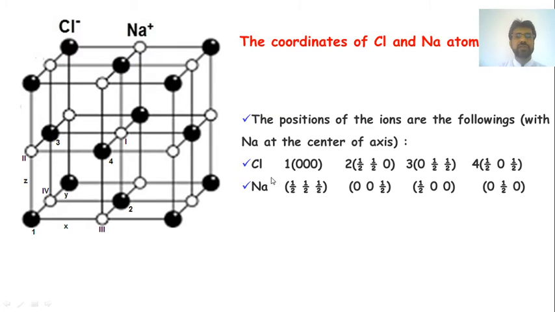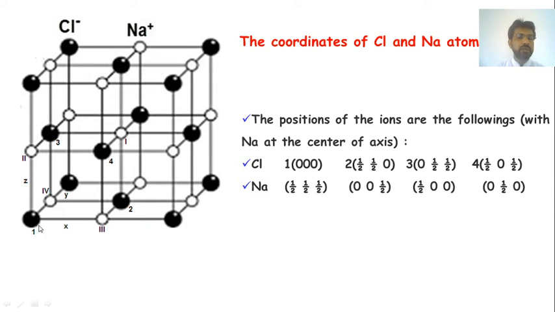Now if we consider this the first chlorine atom, and it is at the origin, then its coordinates along the x-axis, y-axis, and z-axis are 0, 0, 0. The second atom is in this xy plane, at the center of the lower face of this unit cell.